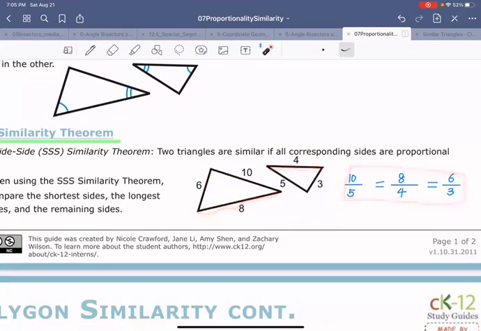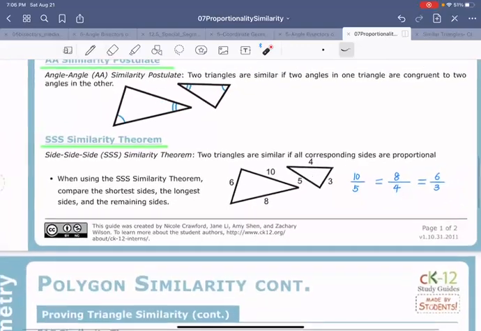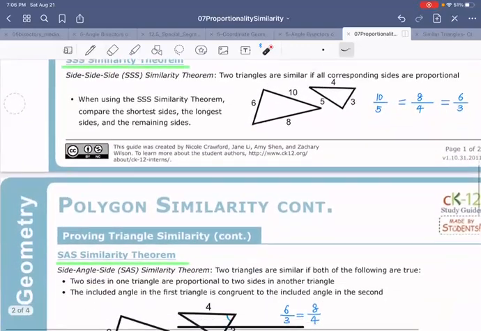So when you list the equation, you have to watch out those numbers. When you list them, you have to put them in the correct position to check if it's proportional. Okay, that's the second one, SSS.